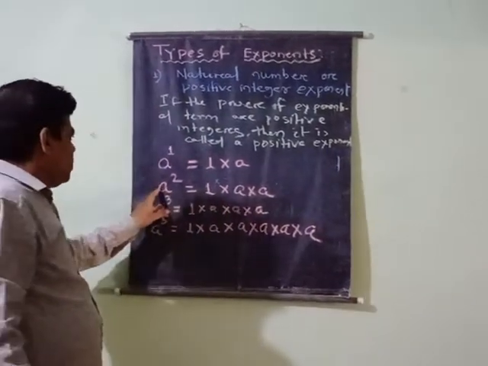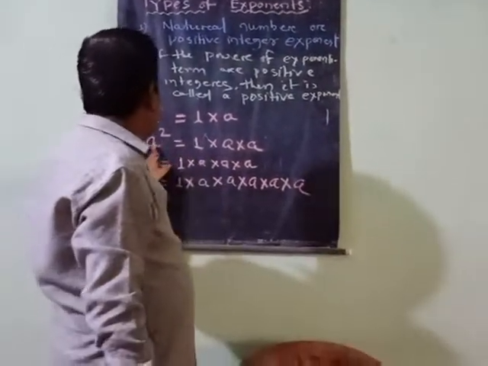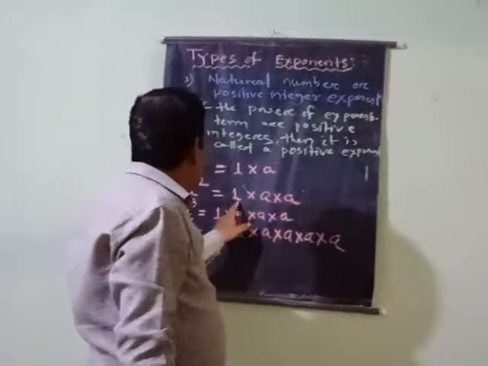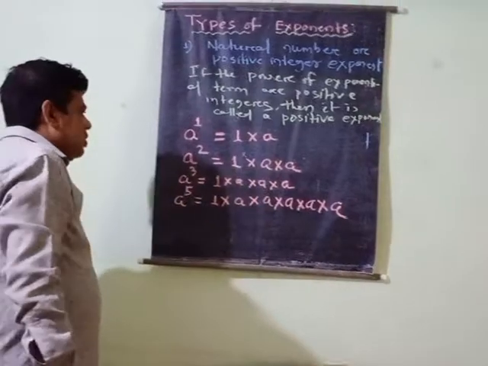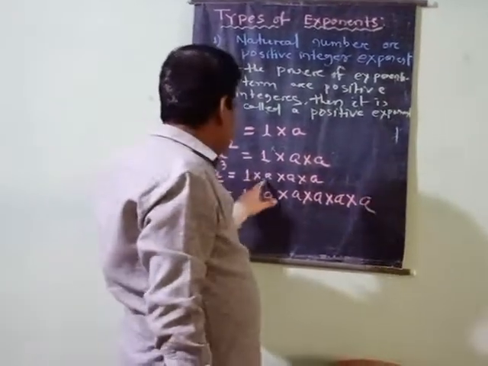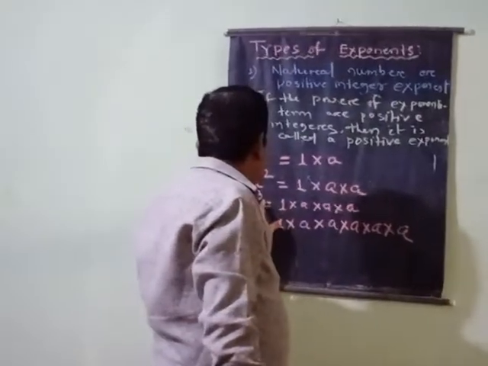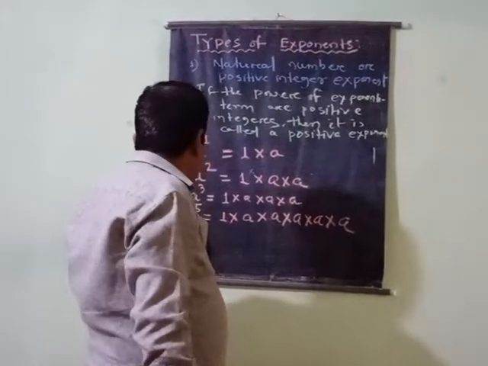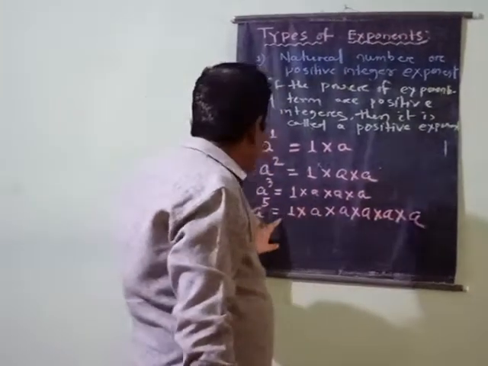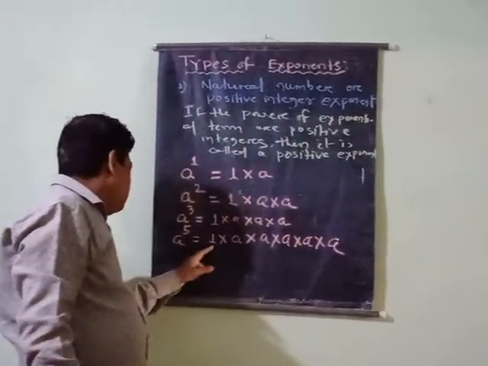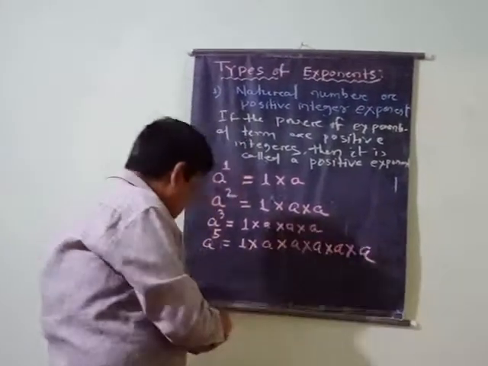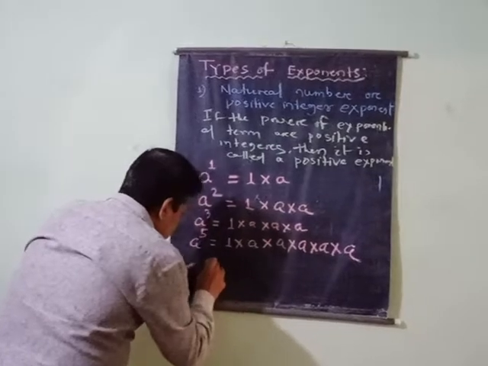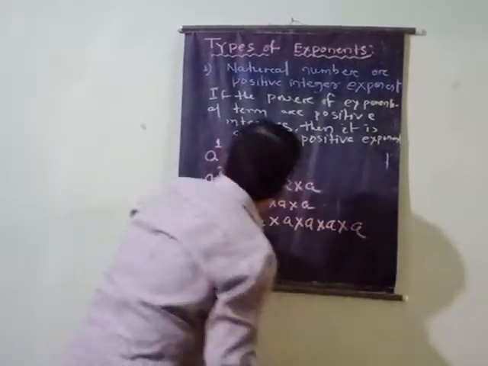Similarly, a square is a positive exponent which is obtained when the base a is multiplied by 1, 2 times. Similarly, for a cube, the base a has been multiplied with 1, 3 times. Similarly, a to the power 5, the base a has been multiplied by 1, 5 times. Is it clear?